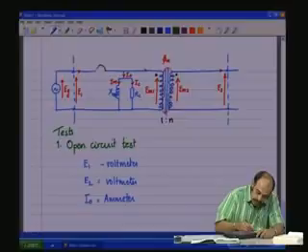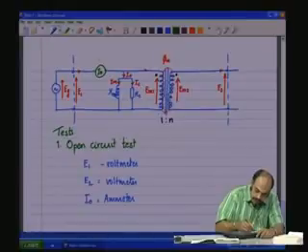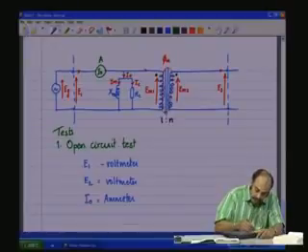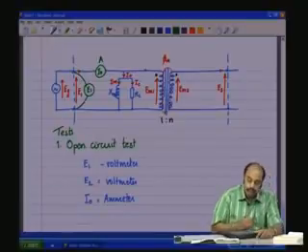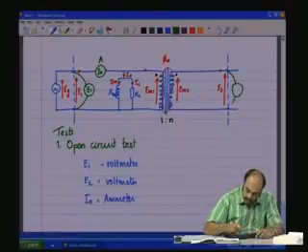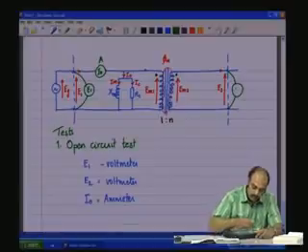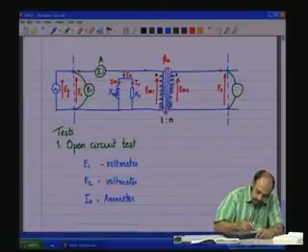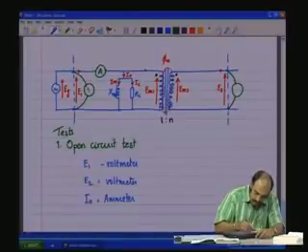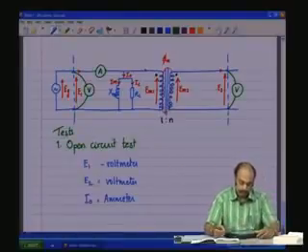We also connect a voltmeter here to measure E2, or let me use the following symbols. An ammeter, a voltmeter and a voltmeter.